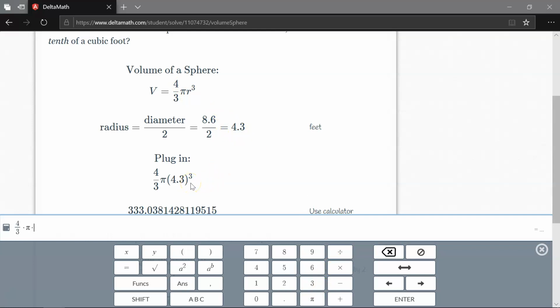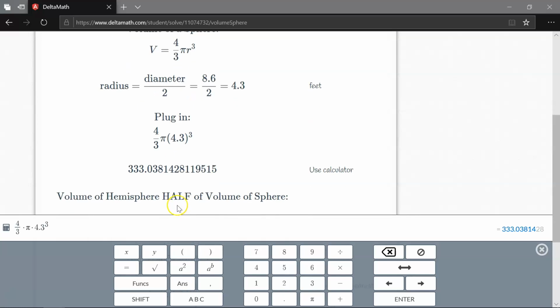I can type 4.3, which puts 4.3 over here, and click on this A to the B button, and it'll put the cursor in the exponent position for me to click 3. And you'll notice over here to the right, it has already calculated the same answer that they have up here in Delta Math. But remember, I have to divide this whole thing by 2.